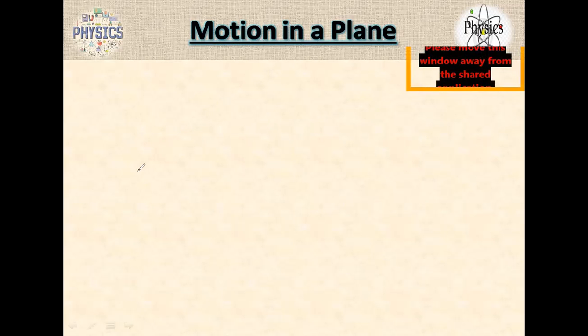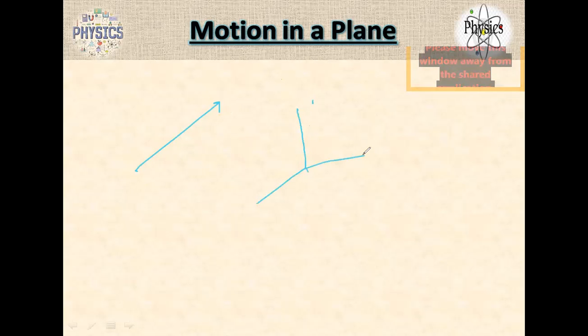So when I want to go in one direction, I just need motion in one direction, motion in a straight line. If I have the x, y, z, and I would like to study only in the x direction or y direction or z direction, I need only one coordinate to describe its motion.